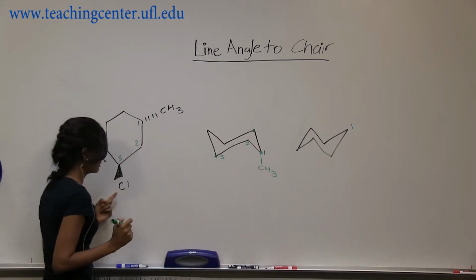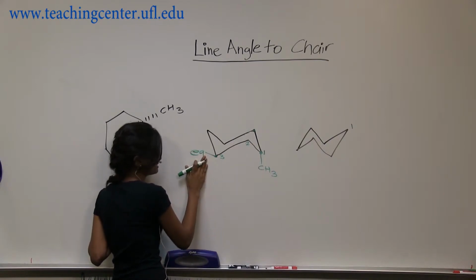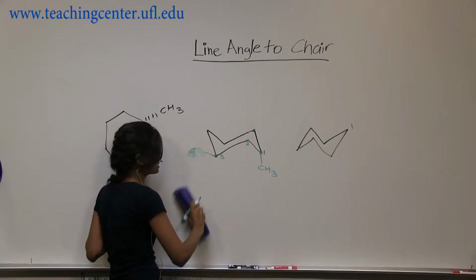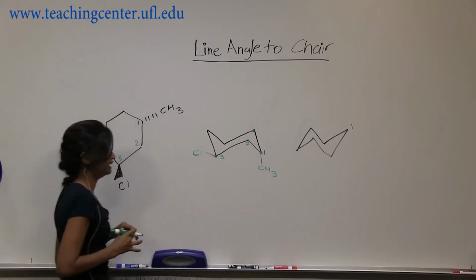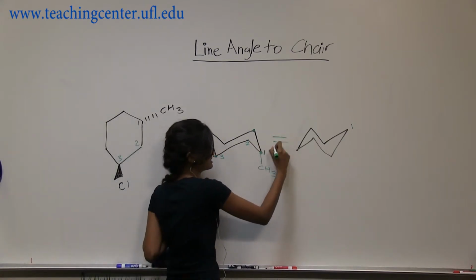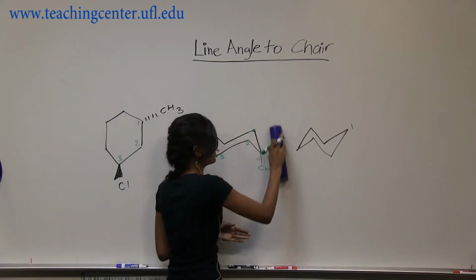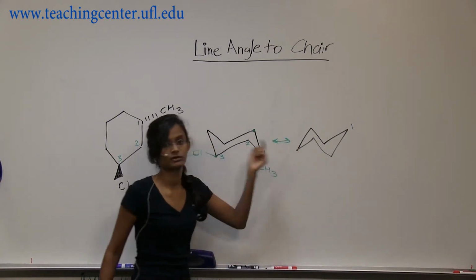Okay, now this is on a wedge, so we're going to put it on top. This is the equatorial position, which is top, and axial is down. So we're going to put chlorine up. For the conformer of this, I can't use that arrow, I'm going to use this arrow. This is the arrow for conformer.